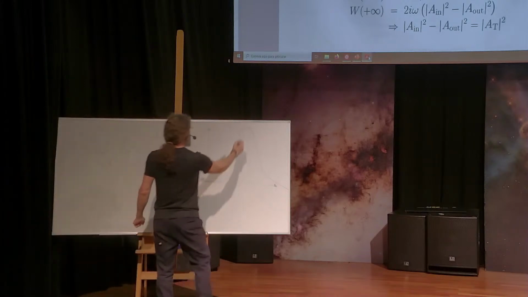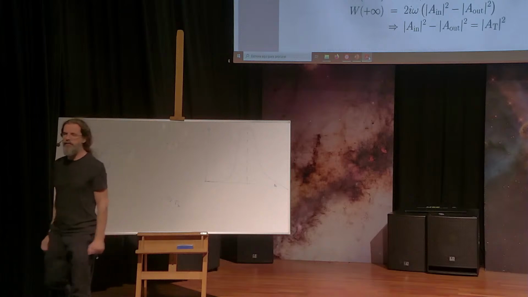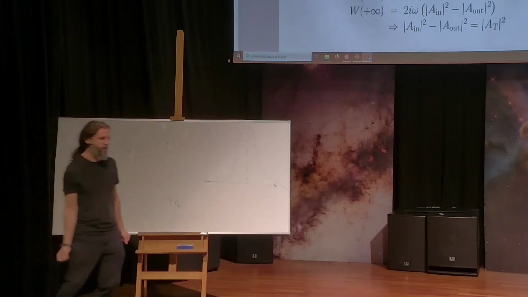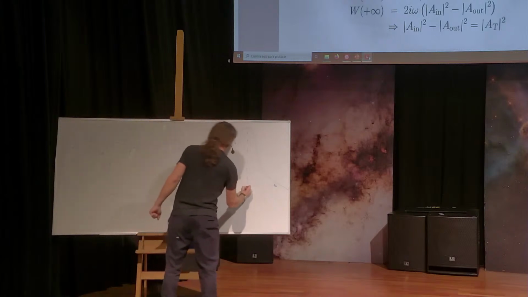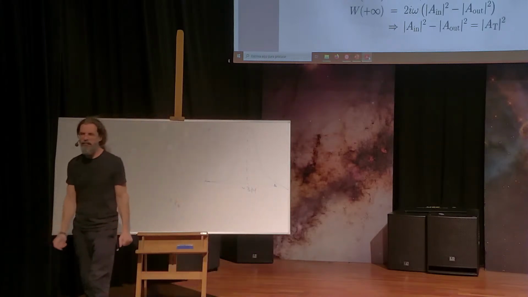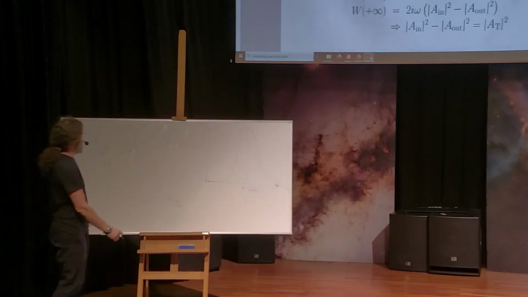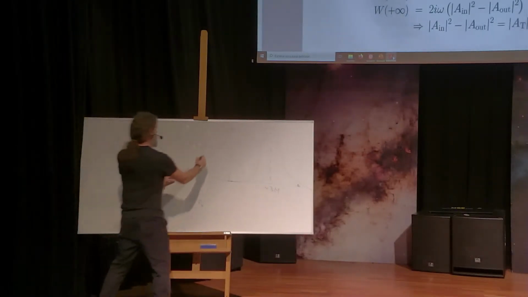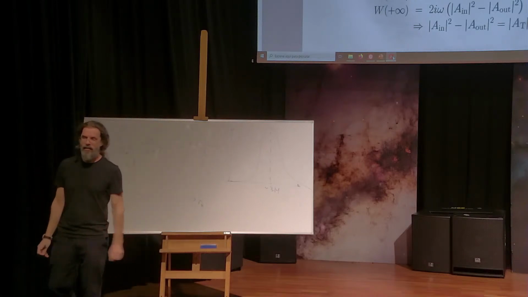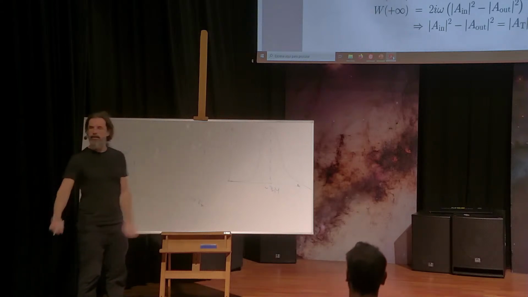Now, this location is, to a very good approximation, the location of the photon sphere. If the black hole is non-spinning, this is roughly 3M. In fact, it's exactly 3M when the angular momentum index L, remember we expanded in spherical harmonics, becomes very large.